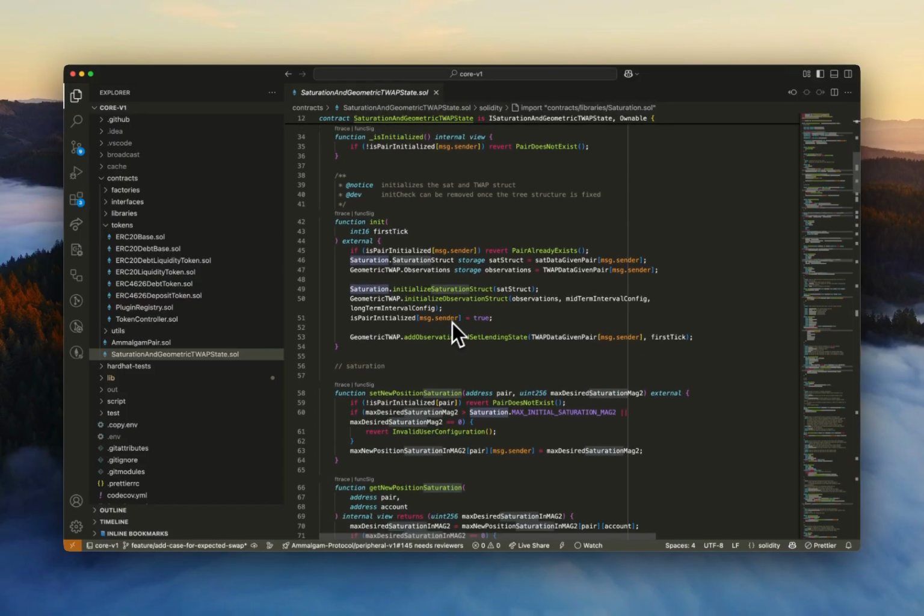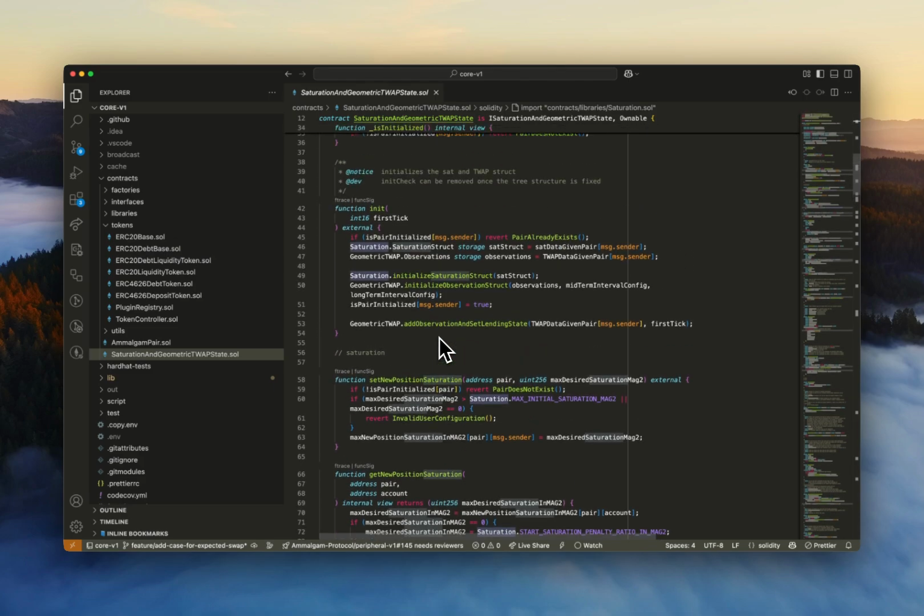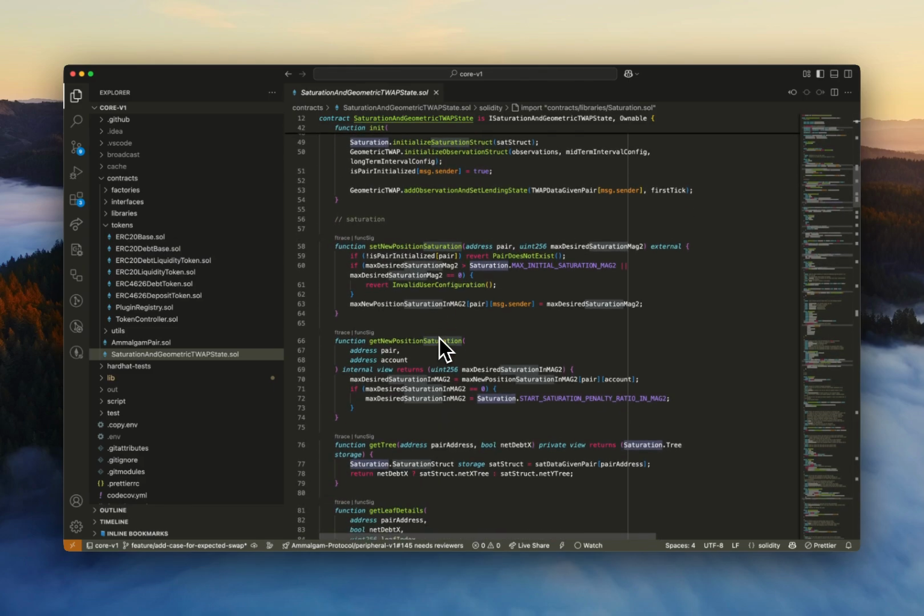So this will be a singleton. There will just be one version of it that all pairs delegate calls to.